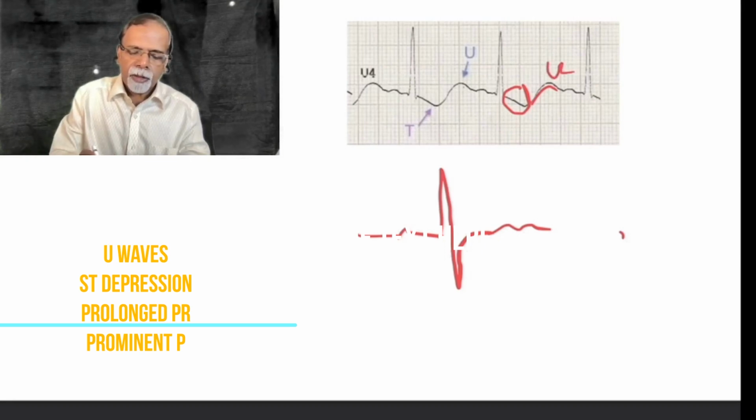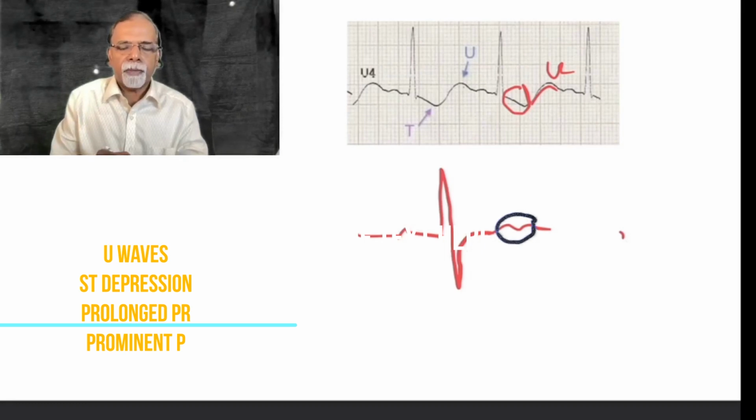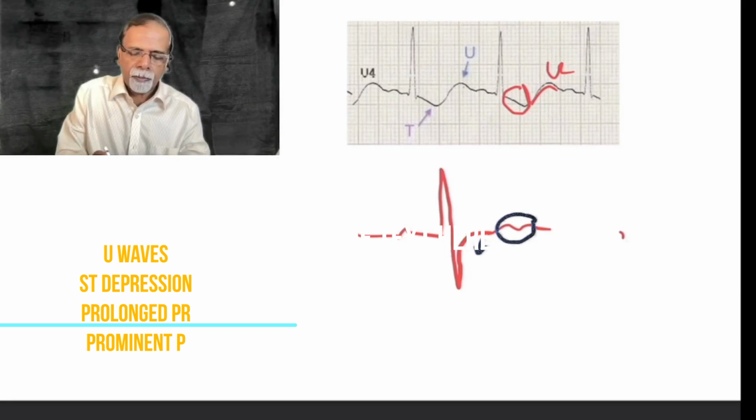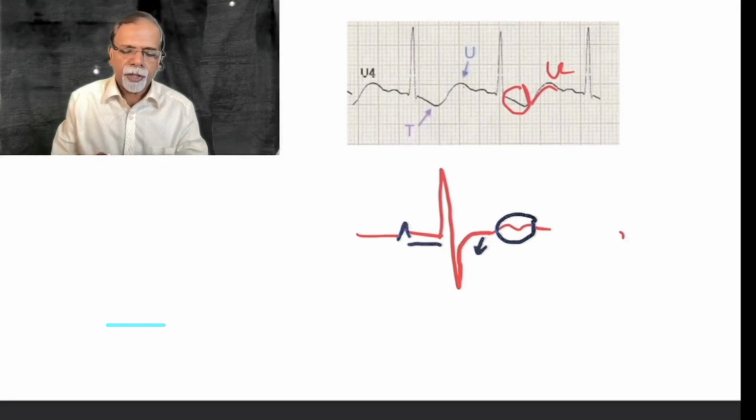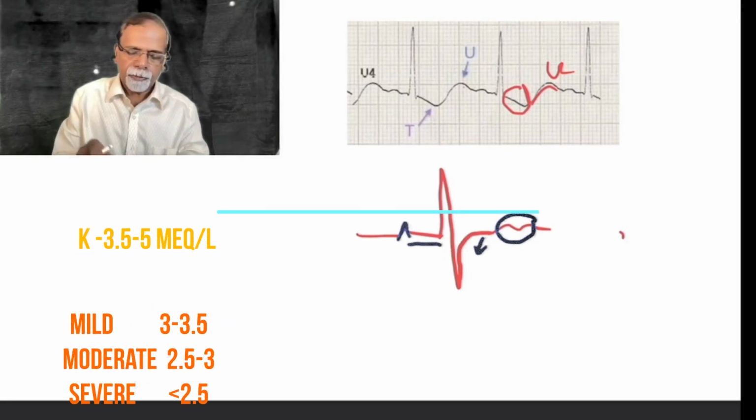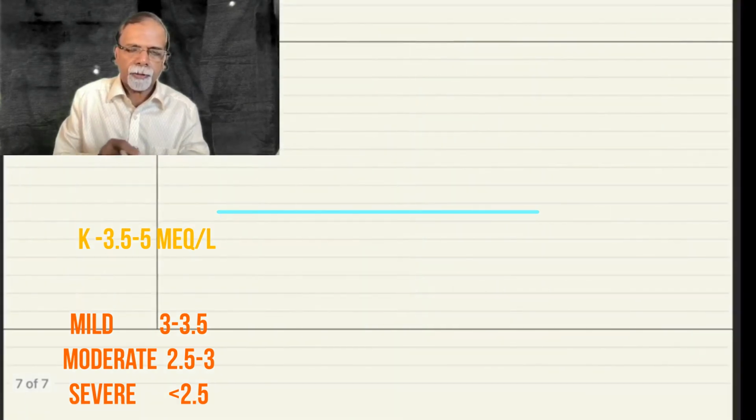And sometimes the T will be appearing like a bifid one. Then there is ST segment depression, prolongation of the PR interval, and the P will become prominent. These are the typical findings of hypokalemia. All the findings need not be present in all the cases.